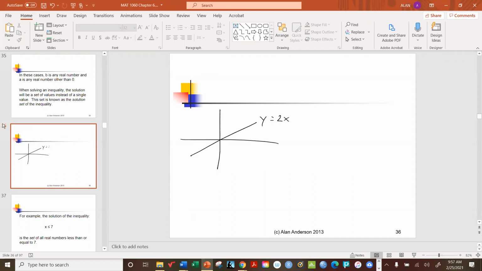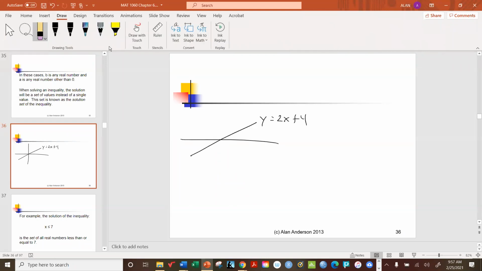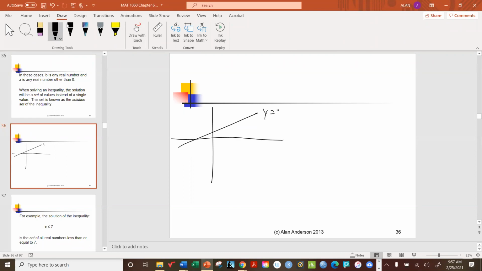remember before we said y equals 2x plus 4. Oh, that's not a good graph. Hold on. When we did this earlier, y equals 2x plus 4, we discovered that the solution is this one point, and the solution is 2. With an inequality, it's a different matter, because look what happens.